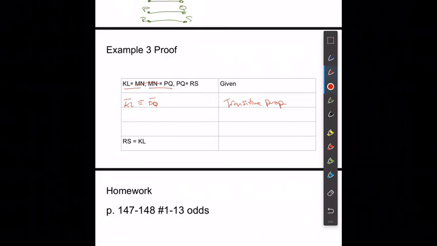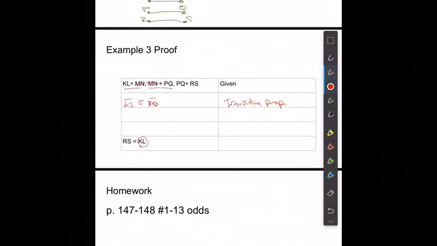Okay, now here I want to pause, okay? KL I have here, I'm trying to get an RS in there, and I don't want anything else in there. Okay, right now there's a PQ. Okay, let's see, now that I have this PQ here, I know that PQ is congruent to RS.